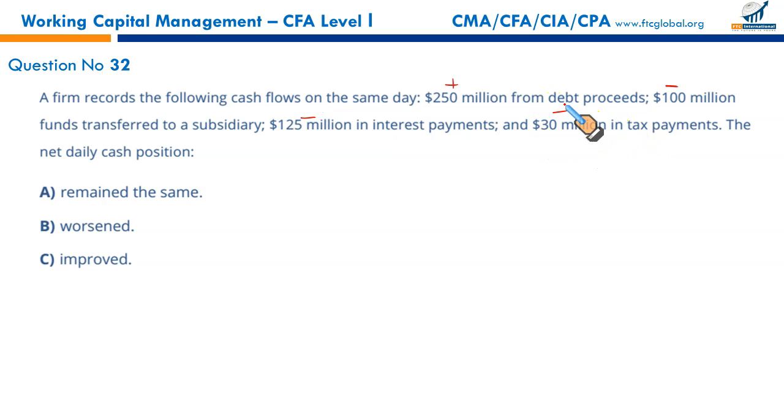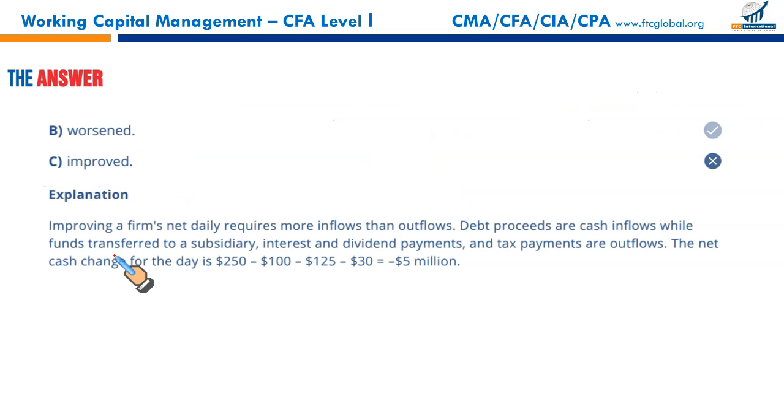So the net daily cash position, when we have 250 less 100, 150 less 125, that's 25 million positive. And from this 25, tax payment of 30 million means -5. So overall, there are more outflows than inflows. So the net daily cash position has worsened. That makes B the correct option.